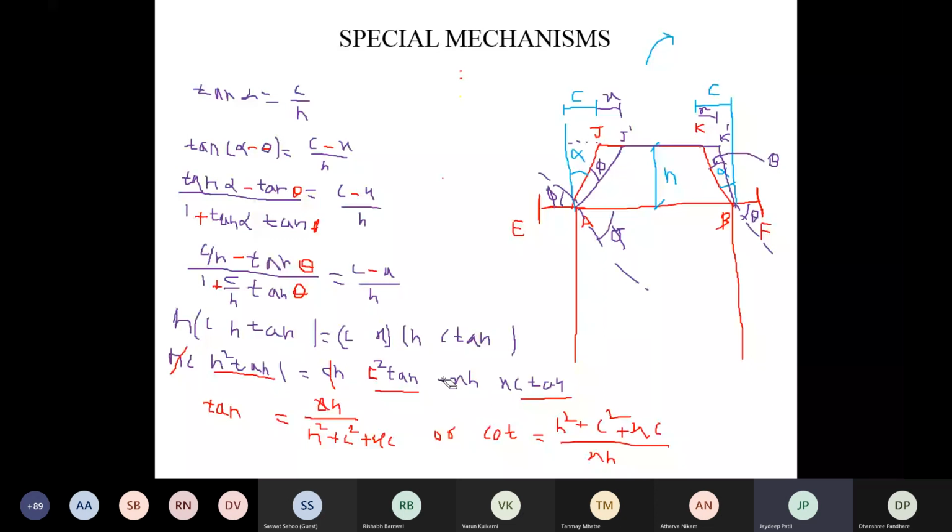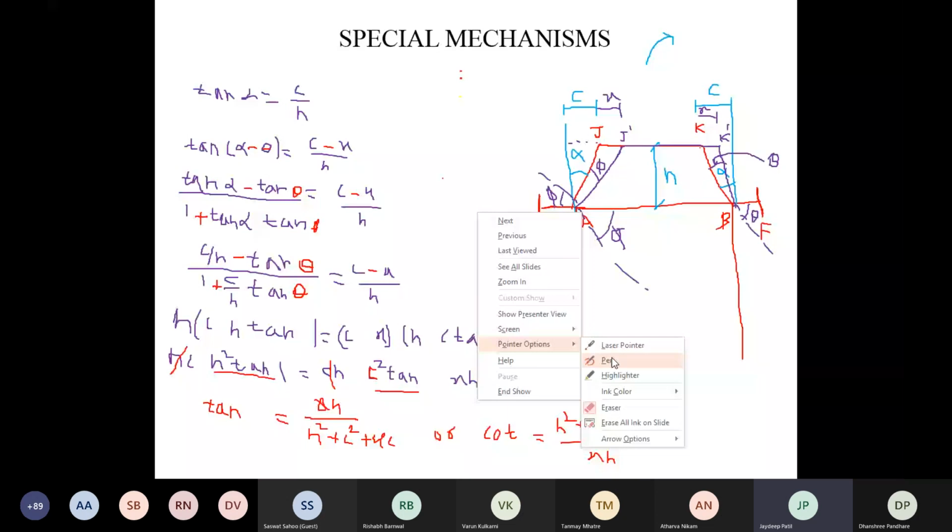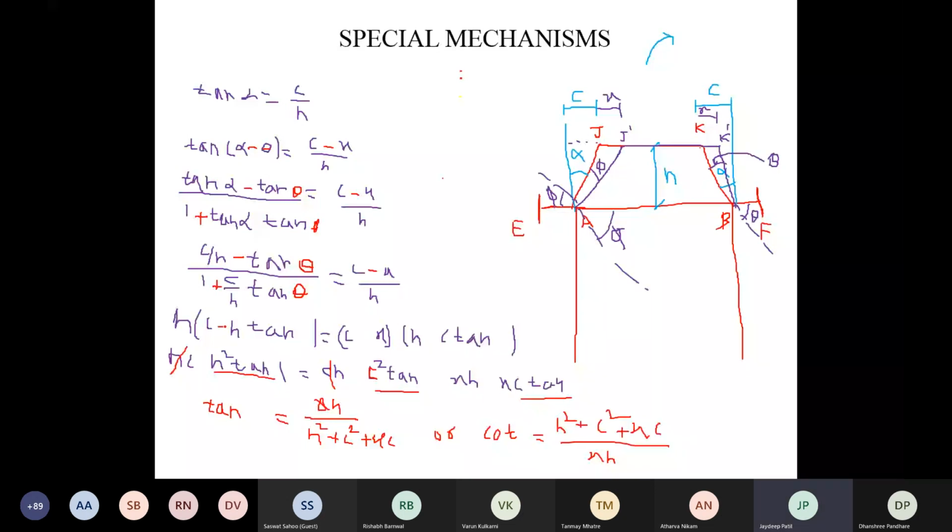Okay, now tell me the sign. क्या आएगा यहाँ पे? h into bracket c minus h tan theta is equal to c minus x into bracket h plus c tan theta. Okay.